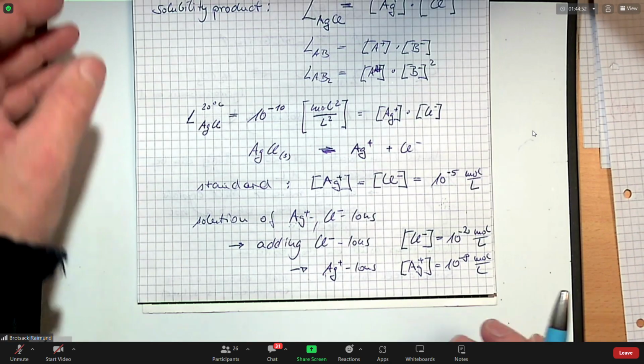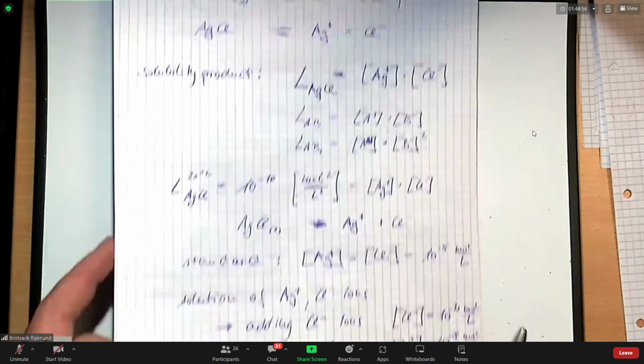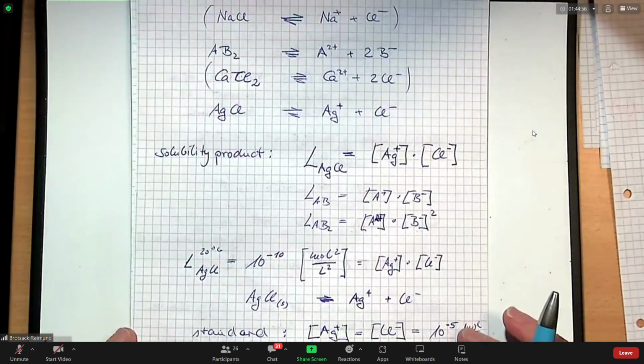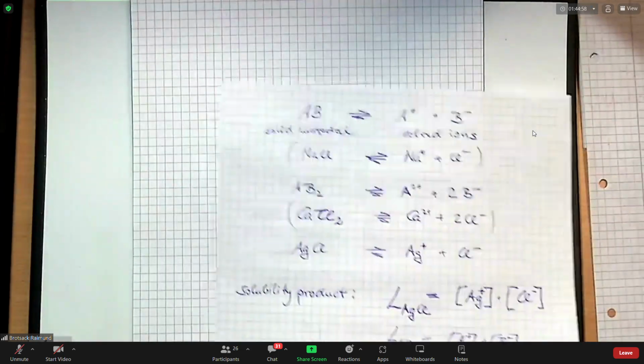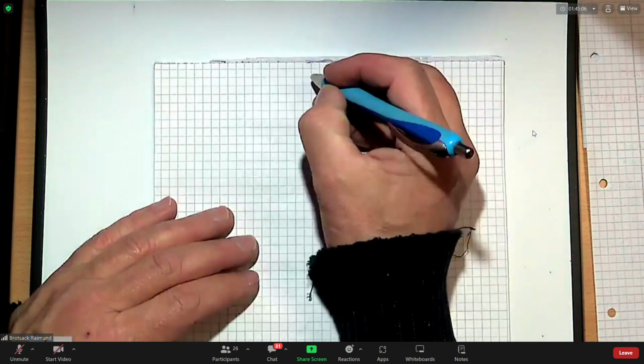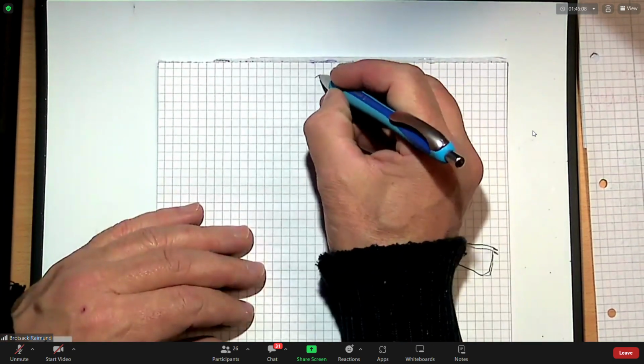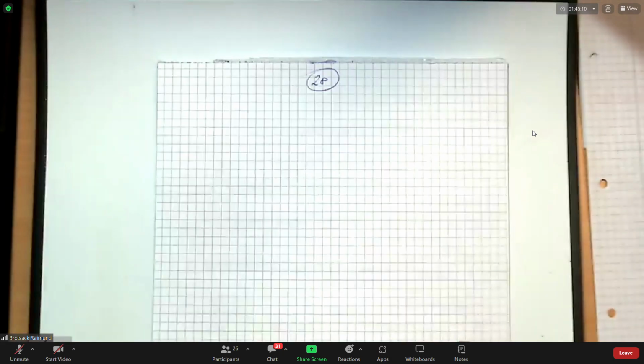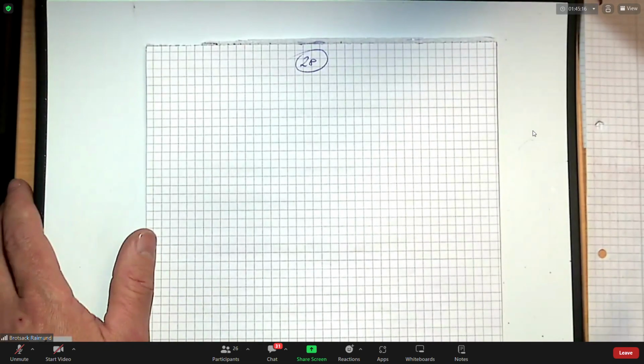Okay, we're here talking about the solubility product. We discussed now the solubility product of the AB type.